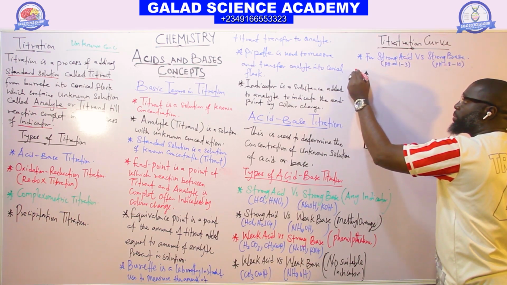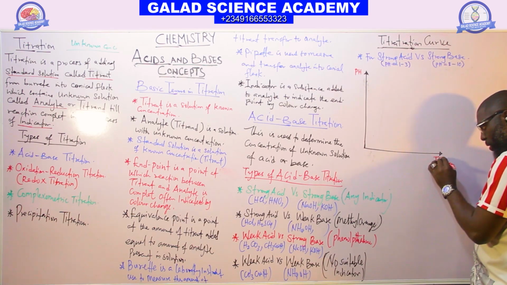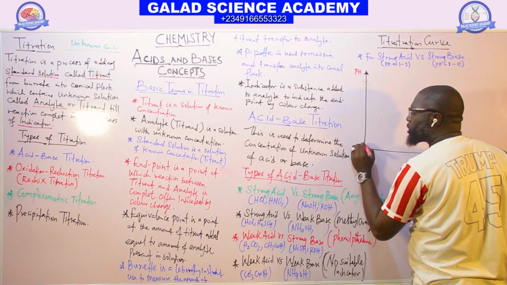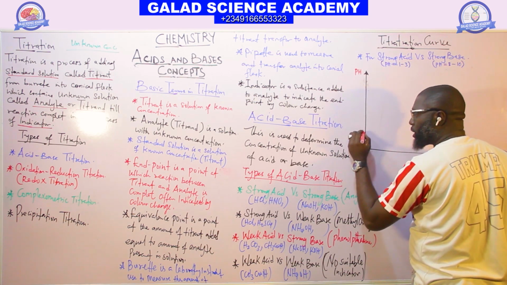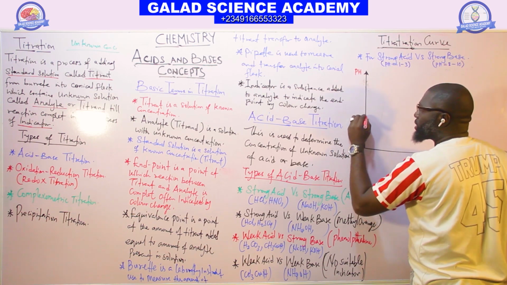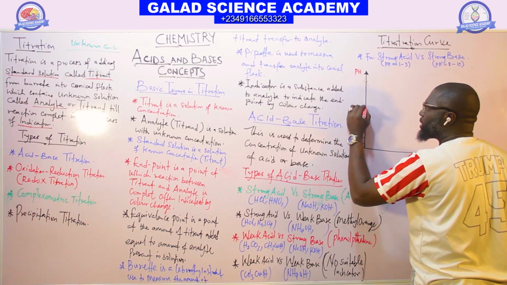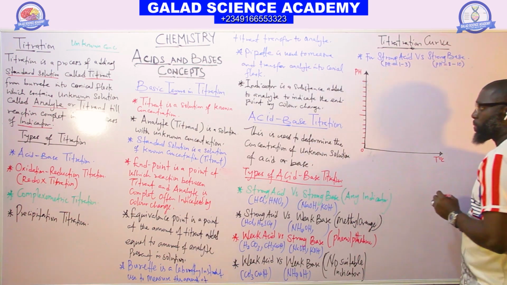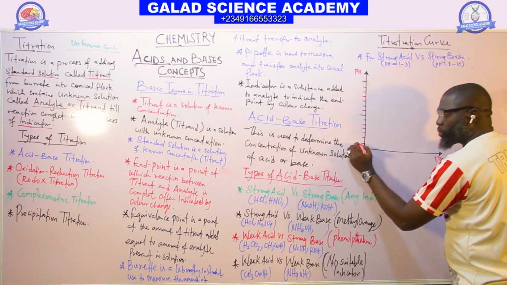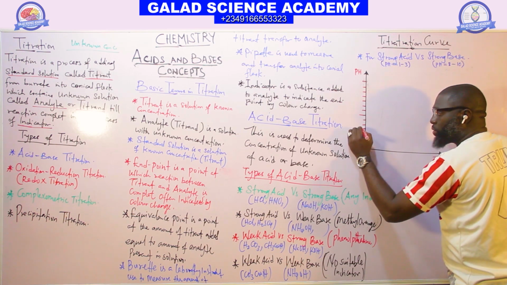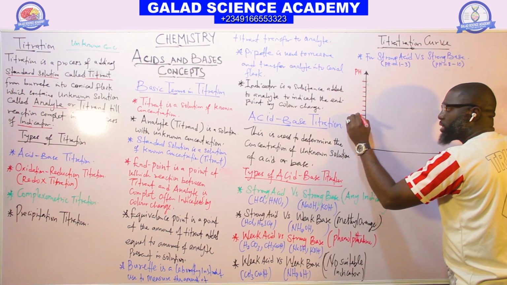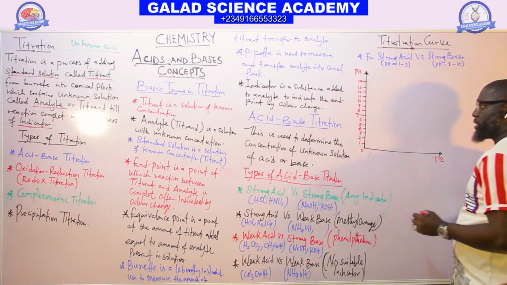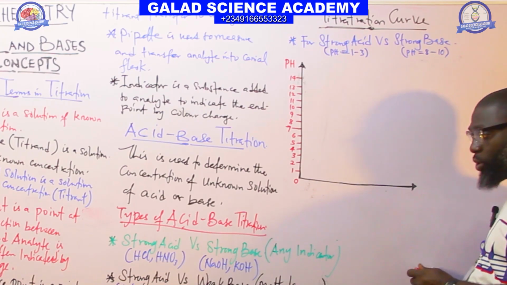This is the origin. This place is 1, 2, 3, 4, 5, 6, 7, 8, 9, 10, 11, 12, 13, 14.